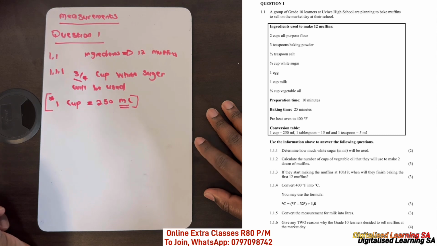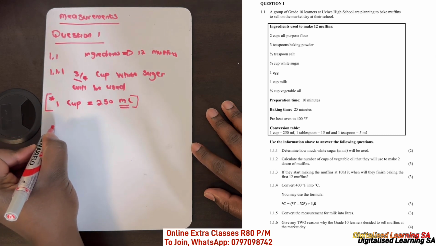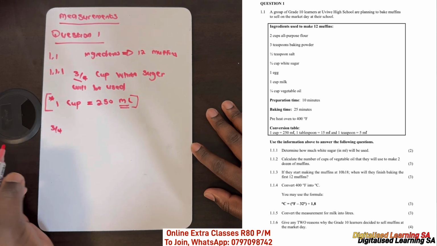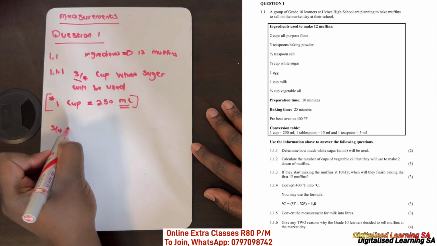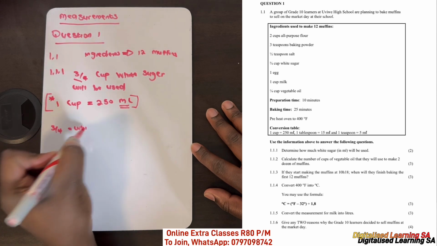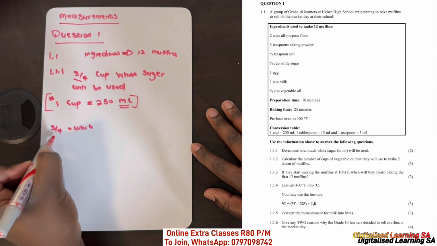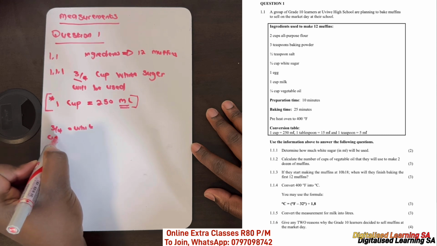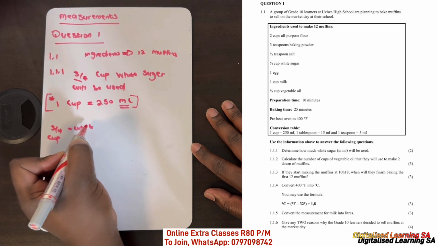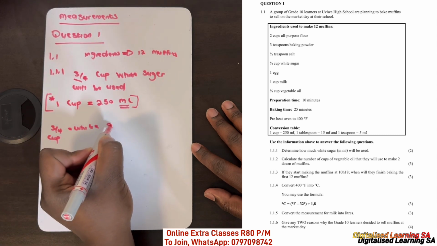Here our white sugar is 3/4, so it's 3/4 cup of white sugar.